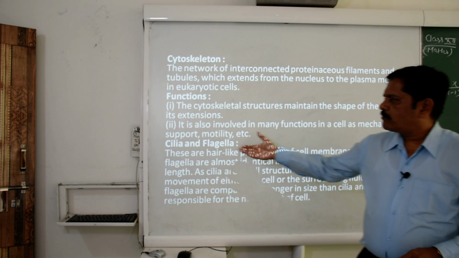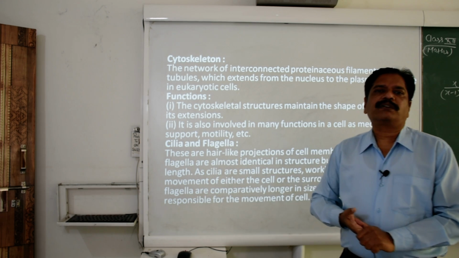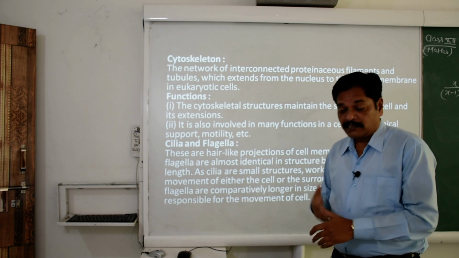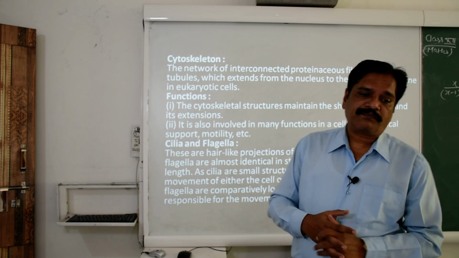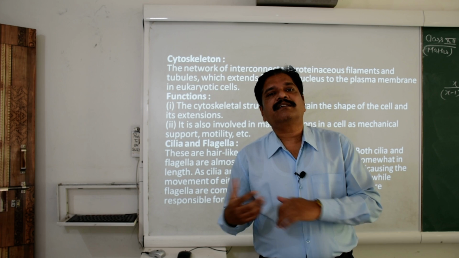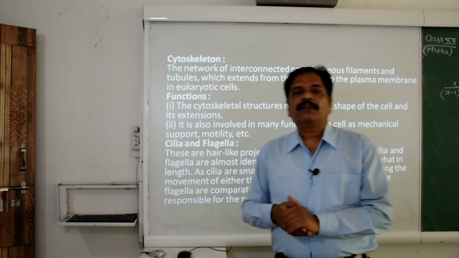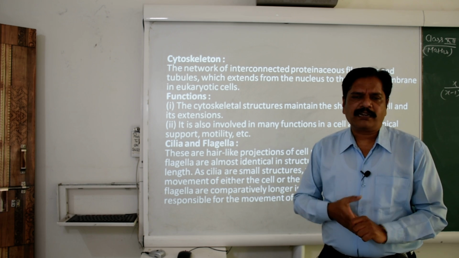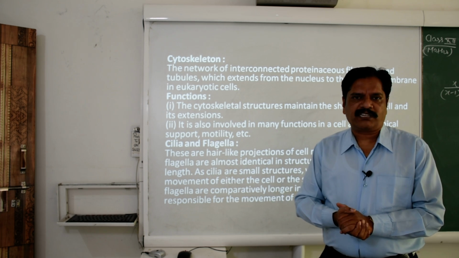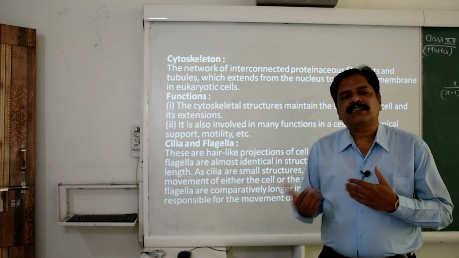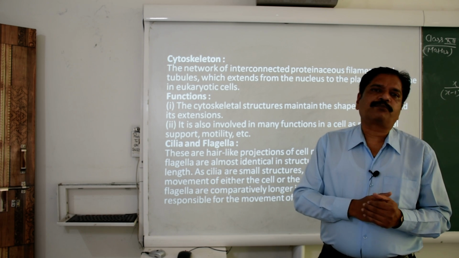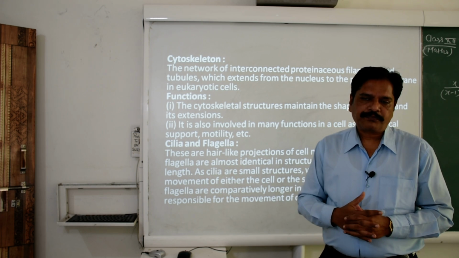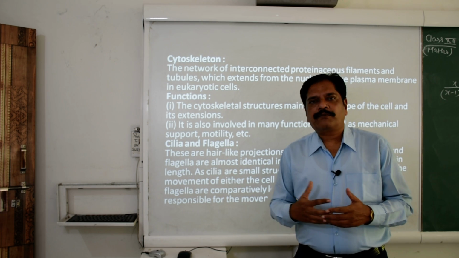Now we are moving toward the next cell component, that is the cilia and the flagella. As you know, this is the characteristic feature of the phylum Ciliata and Flagellata. These are basically responsible for the movement of the cell, and even in some cases the locomotion of the cell. And if these are present in the interior portion of the body or an organ, they are responsible for this kind of flagellar movement.